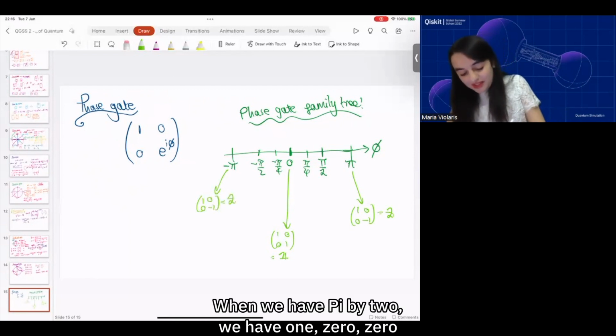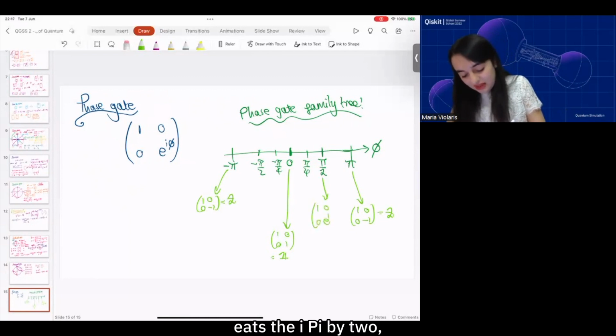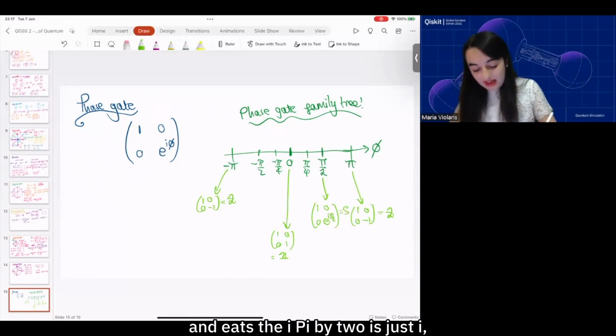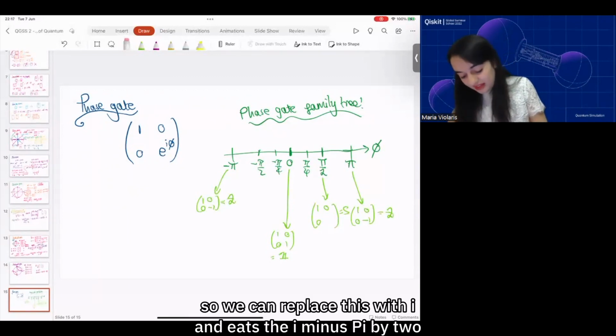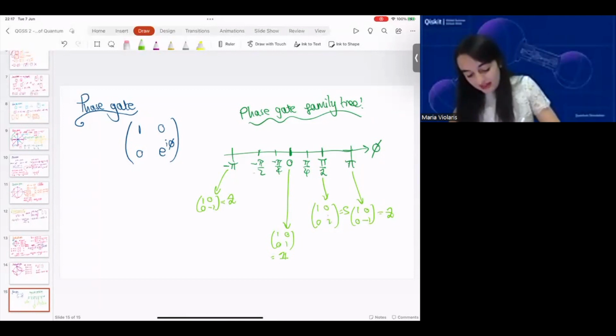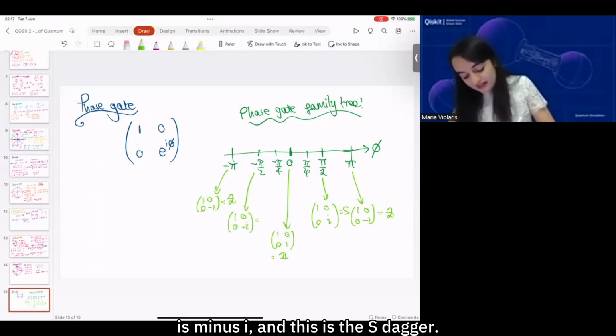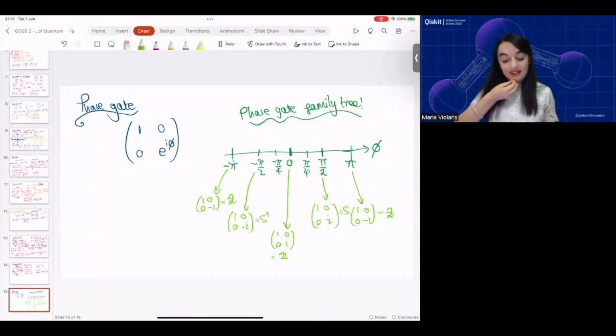When we have pi by 2, we have 1, 0, 0, e to the i pi by 2, which we call the S gate, and e to the i pi by 2 is just i, so we can replace this with i. And e to the i minus pi by 2 is minus i, and this is the S dagger.